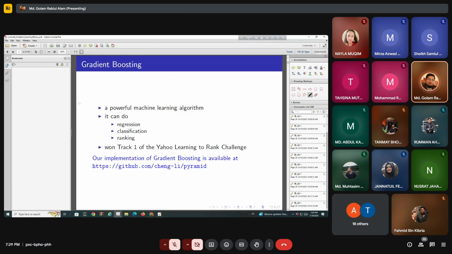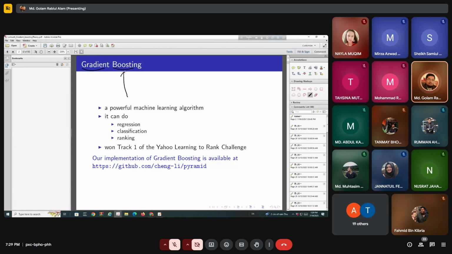Again, we need to construct the weak learner, and then we will increase the performance of our weak learners through some boosting mechanism. And gradient boosting will use the gradient to find out the shortcomings of the previously trained weak learners. So here, two things: the gradient and another one is boosting.